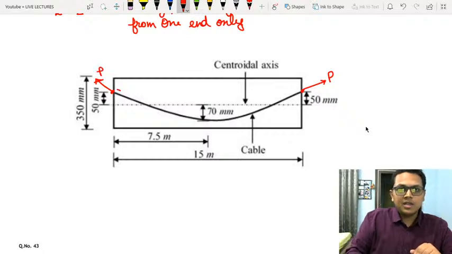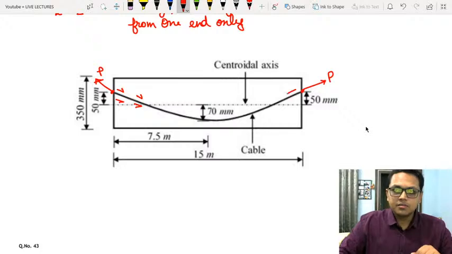Now what will happen is that the resistance will be there as shown.